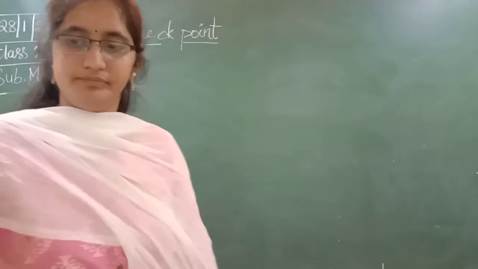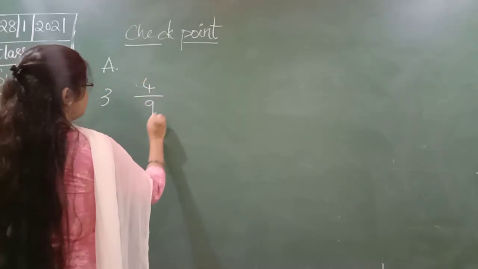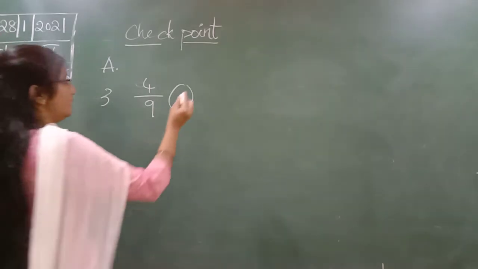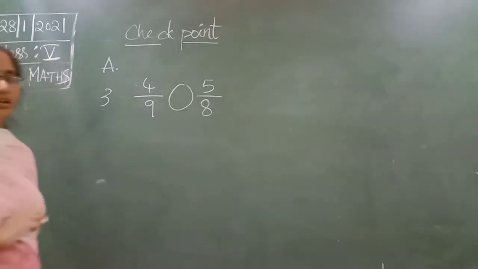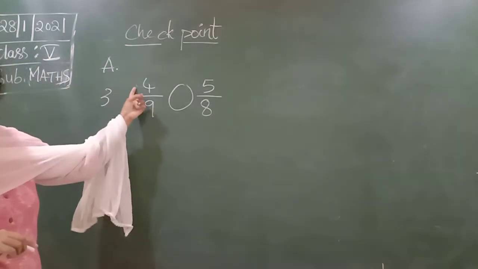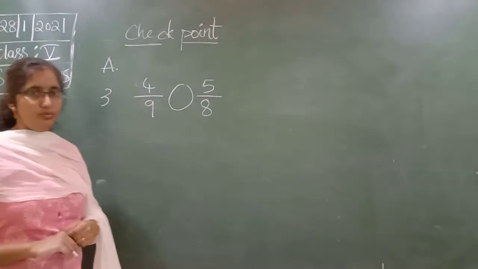Next, third one: 4 by 9 and 5 by 8. Here these are unlike fractions. Neither the numerators nor the denominators are equal. So what do we have to do?